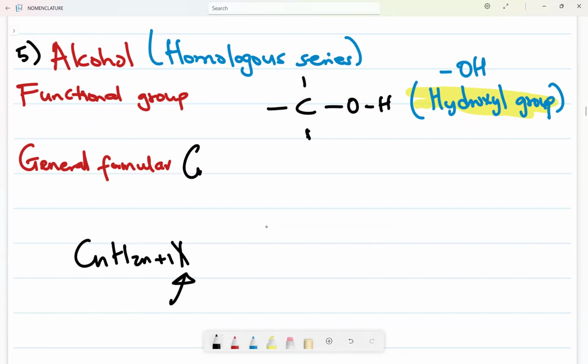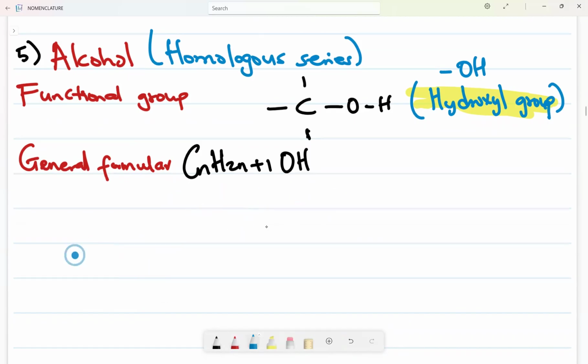So it's going to be CnH2n+1OH. You can also write it as CnH2n+2O, but it's a little bit bad. Just write it as CnH2n+1 and then the OH.